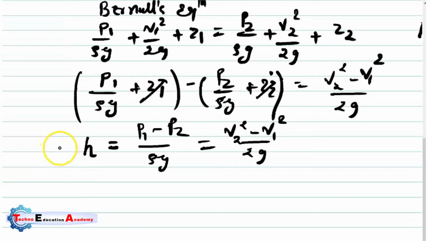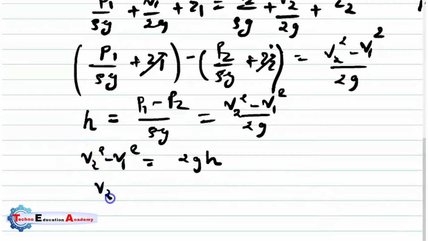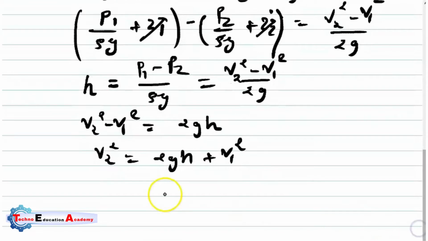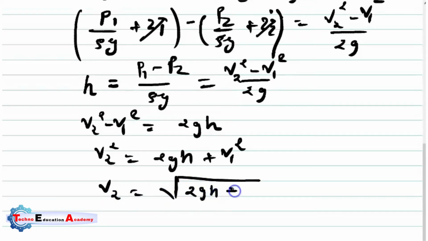Now V2 square minus V1 square is equal to 2gh, so V2 square is equal to 2gh plus V1 square. Taking the root, V2 is equal to root of 2gh plus V1 square. It is called equation number 1.